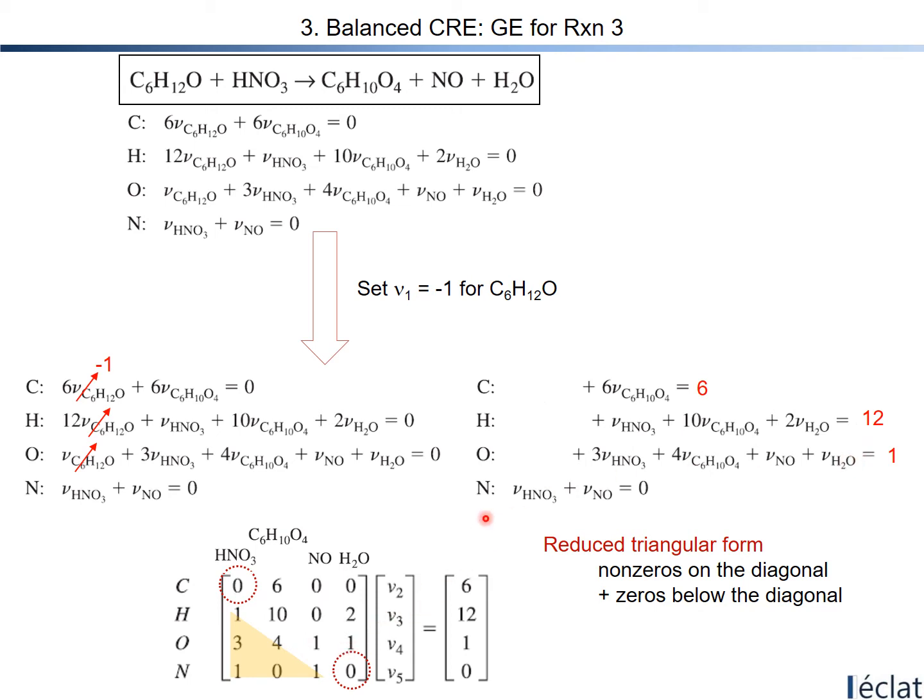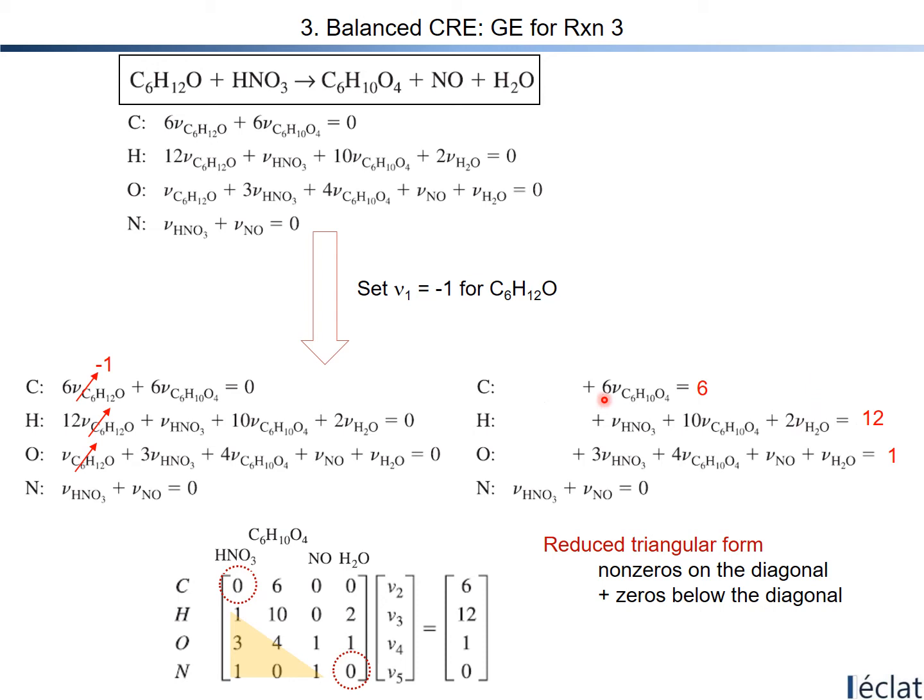And let's go to the last atom, which is nitrogen. So nitric acid 1, and then no adipic acid here, and 1 NO here, and no H2O, 0. So right now we have completed the matrix representation of this problem.